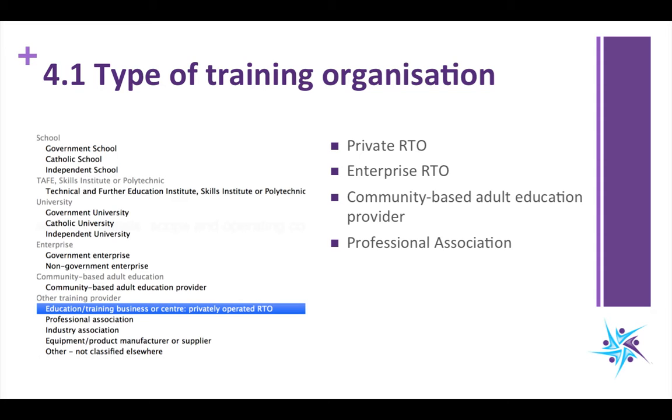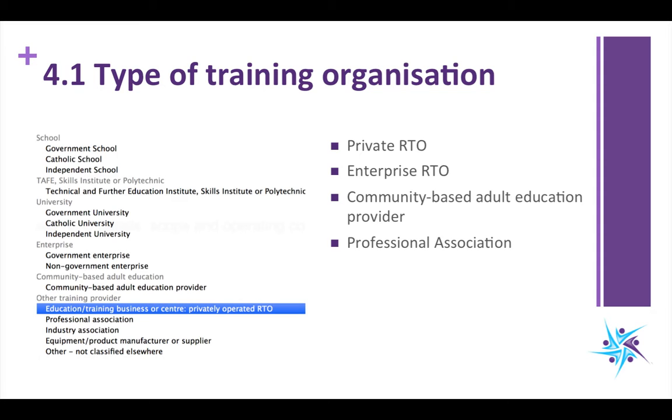The other ones we may have are enterprise RTOs. So if you are currently an organisation where you're delivering training, where you want to be set up as a registered training organisation to deliver training to your staff only, you won't be taking any fee for service. There will be only people within your organisation that you will be training. That would be an enterprise RTO.